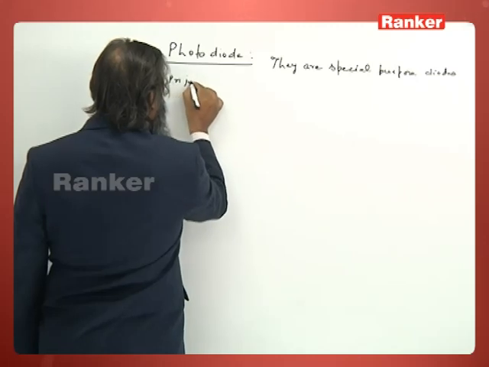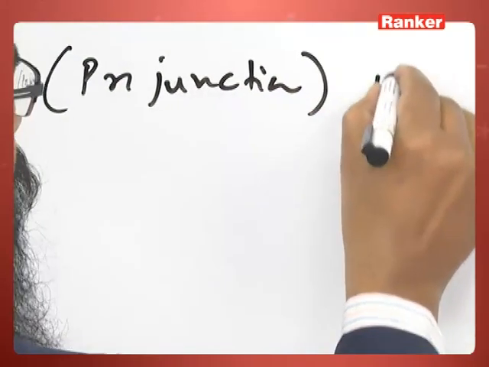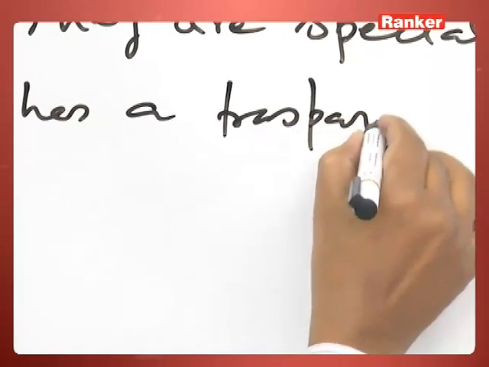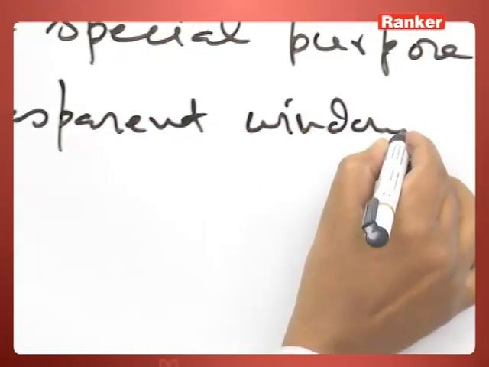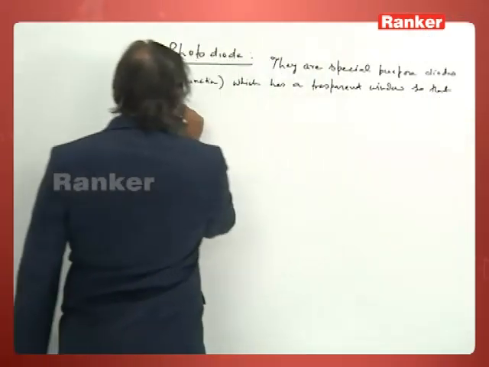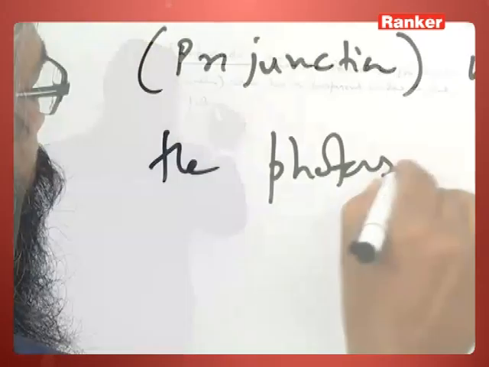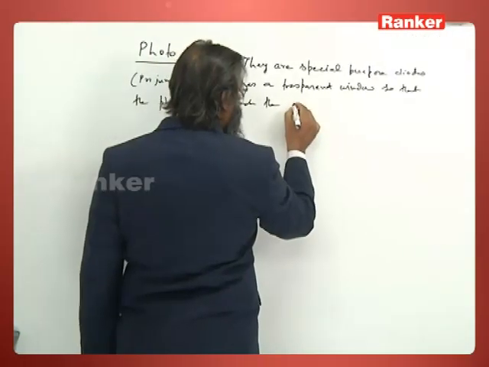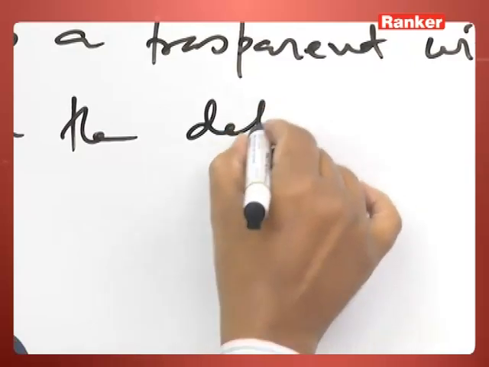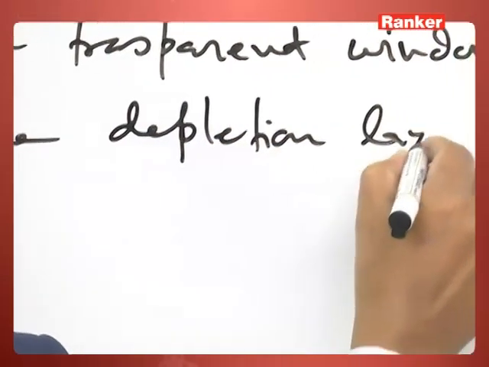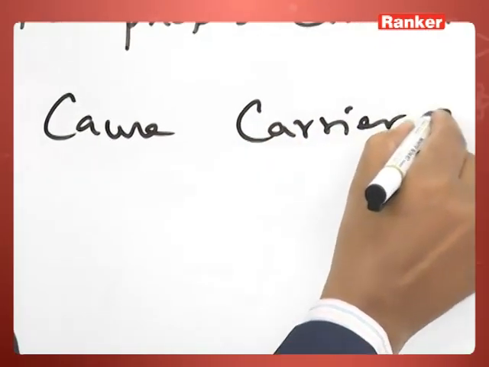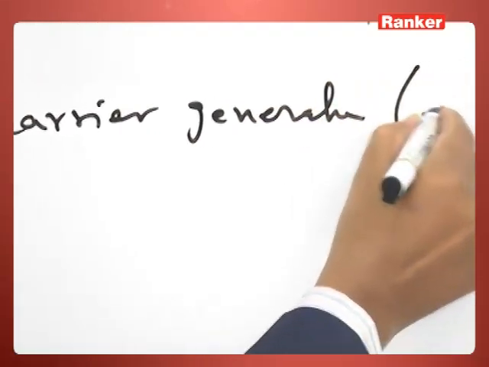Diode means PN junction, which has a transparent window so that the photons can reach the junction or the depletion layer and can cause carrier generation, that is electron hole pair.